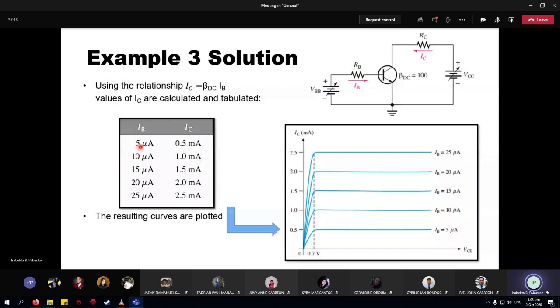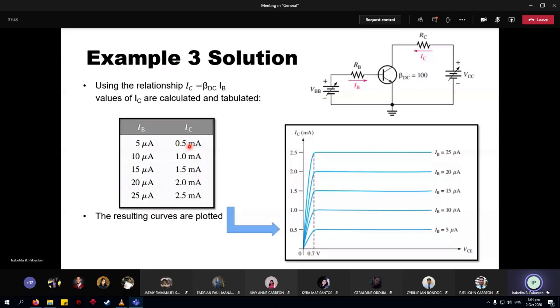And then the other given is the beta. And then when you compute for the IC, this will be the equivalent IC: 100 times 5 microamperes. That will be 0.5 milliampere. And then, again, 100 times 10 micro, then you will have 1 milliampere, and so forth and so on.